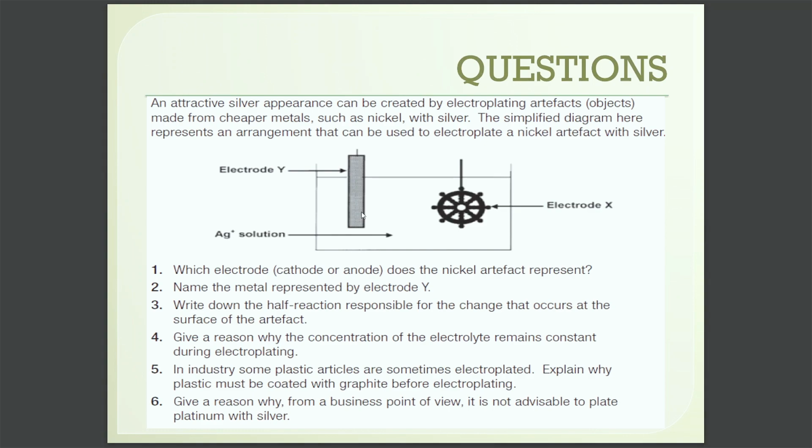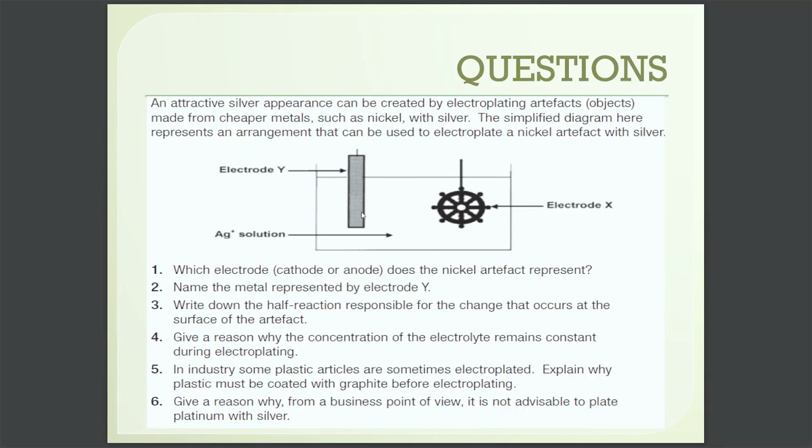Number 3. It says, write down the half reaction that is responsible for the change that occurs at the surface of the artifact. What I've realized is that when you're dealing with electroplating, oxidation and reduction are taking place on the same metal.